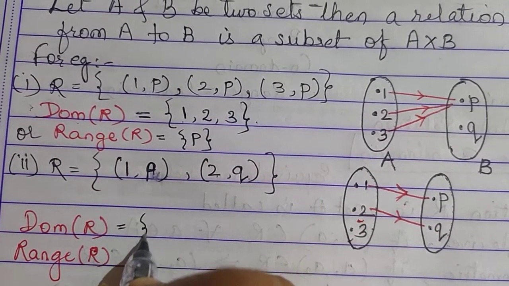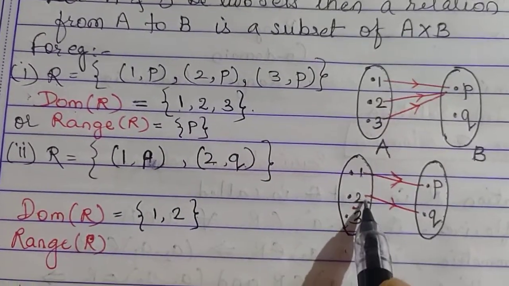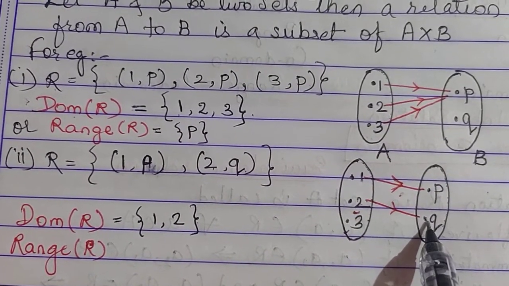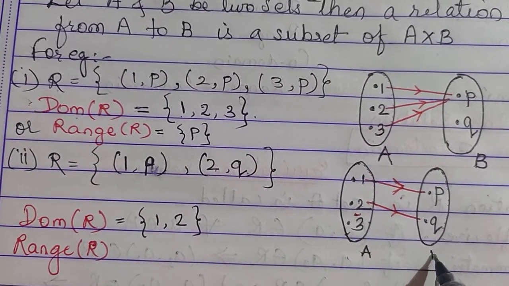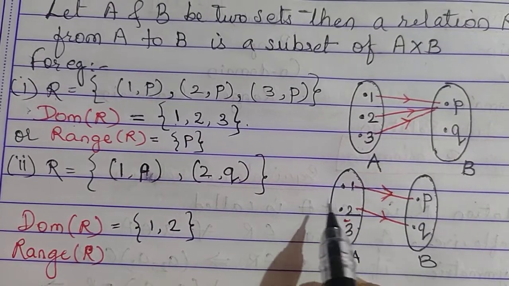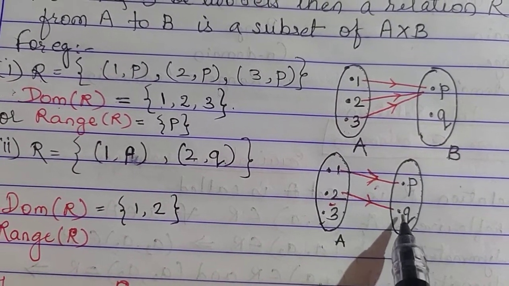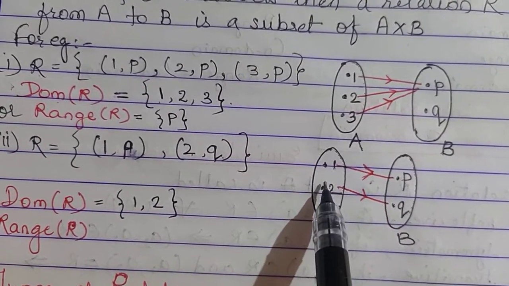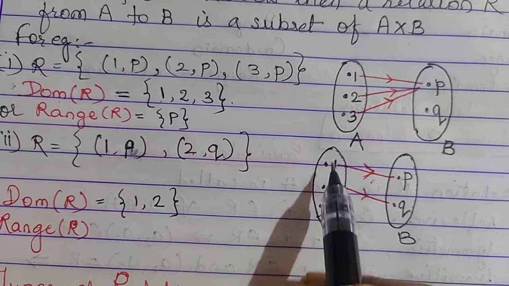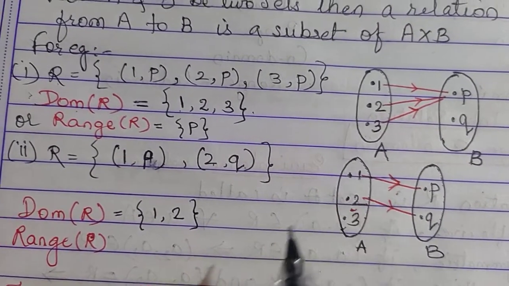In the domain set we will write the elements 1 and 2 only, because they have the image in the set B. Okay, this is set A, this is set B. So P is called the image of 1, Q is called the image of 2, okay, and 2 is called the pre-image of Q, 1 is called the pre-image of P.